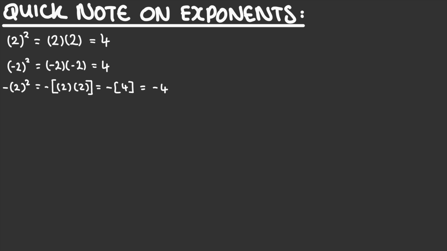This is because the number being squared is 2, not negative 2. So in this case, the square is being applied to 2. So we get 2 multiplied by 2 is 4. And then the minus is applied to the 4. So our answer is minus 4. As a result, we can say that the first and second lines are equal, but they are both not equal to the third line.